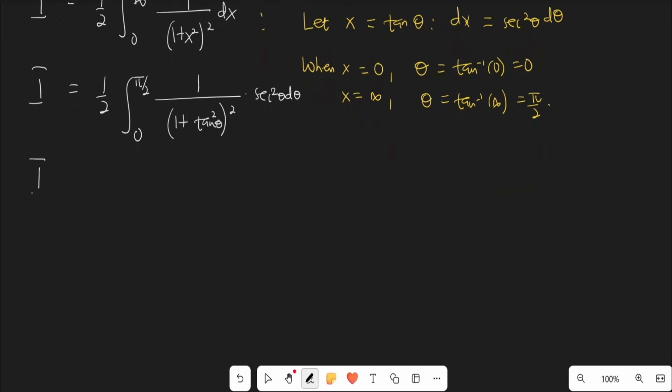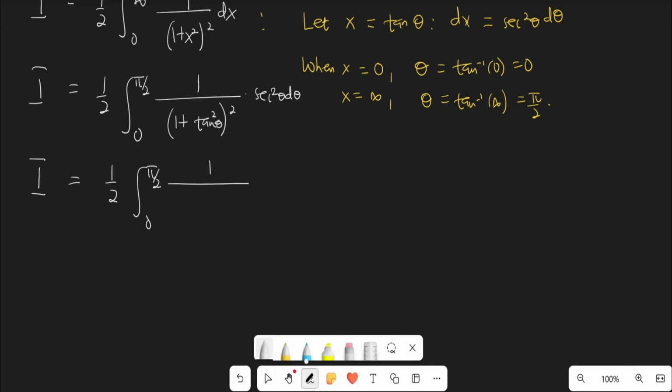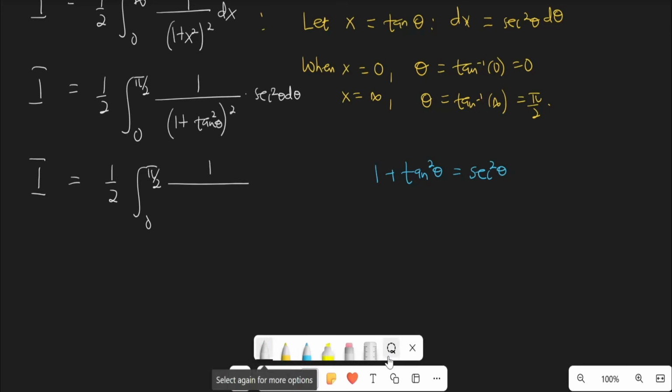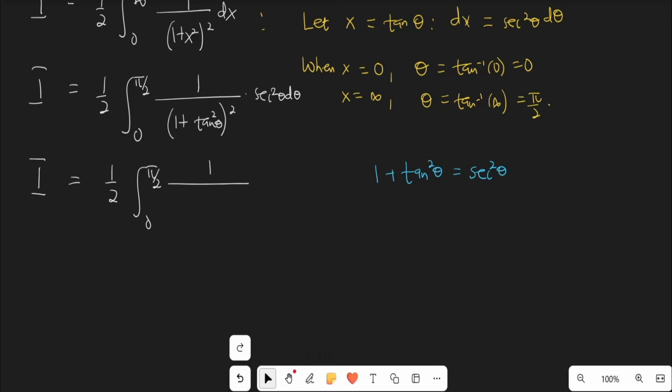Cool. I is equal to 1/2 the integral from 0 to pi over 2. This is 1 all over, from the Pythagorean identities, right? We know that the tangent square of theta plus 1 is the same as the secant square of theta. So what I'm going to do is replace this with the secant square of theta.